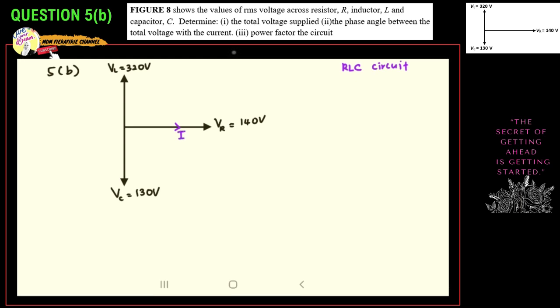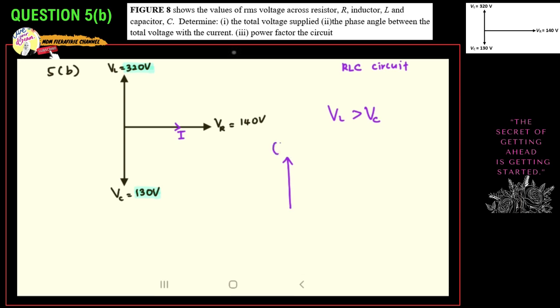Okay, so now let's compare between VL and VC. Get here, so VL is 320, while VC is 130, means that VL is bigger than VC, therefore the phasor diagram now is like this.